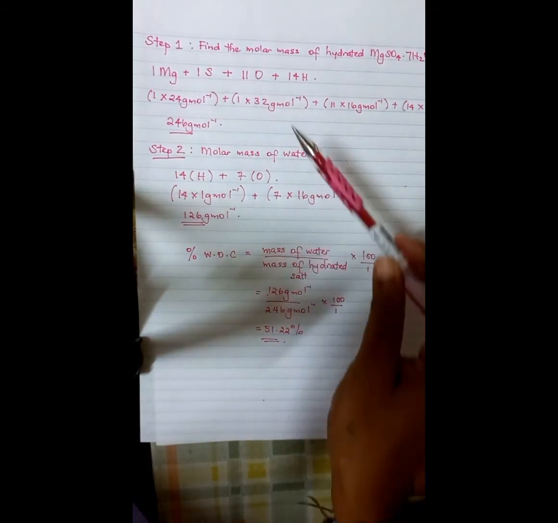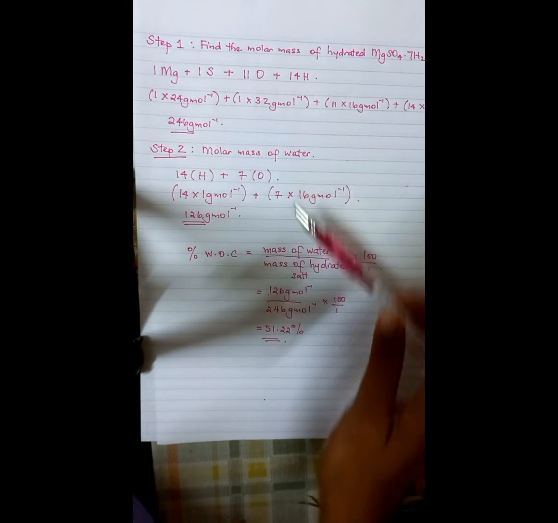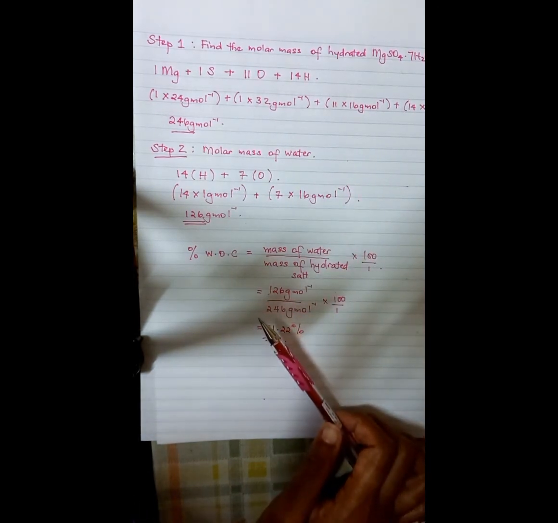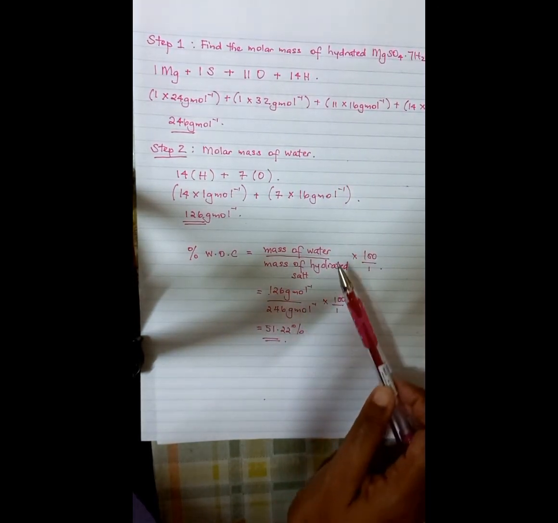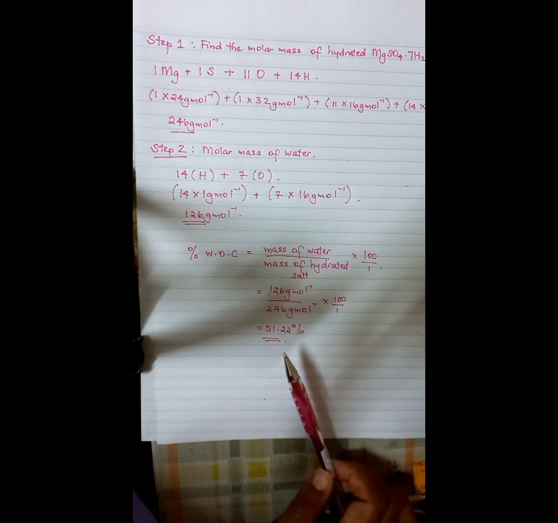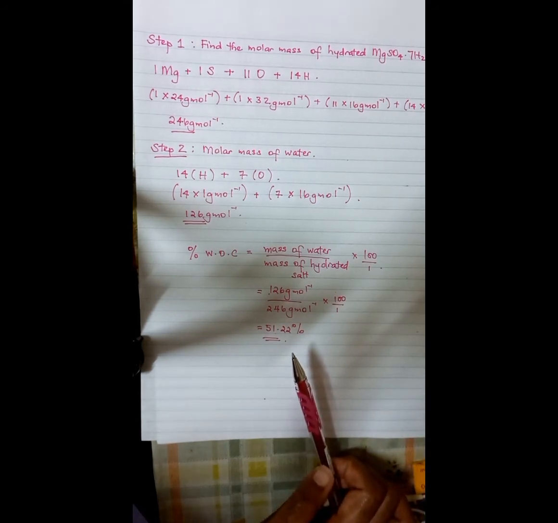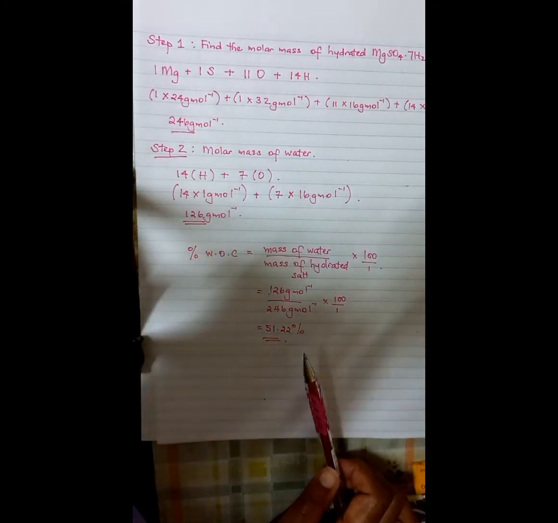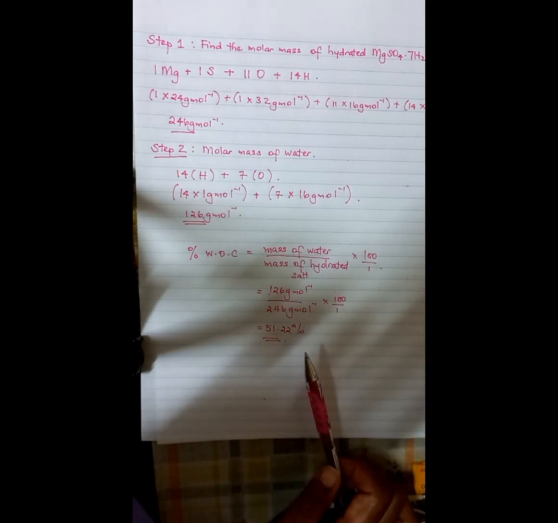And then once you have found the two molar masses, you place them into your equation, which is the mass of water divided by the mass of hydrated salt multiplied by 100 upon 1, and that will give you the theoretical value of percentage of water of crystallization.